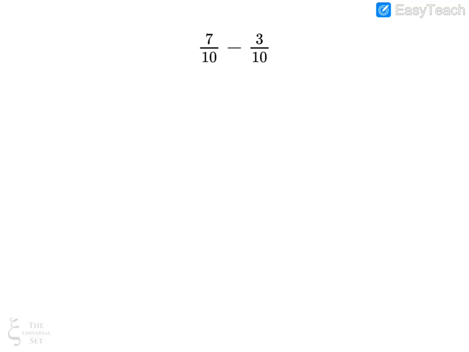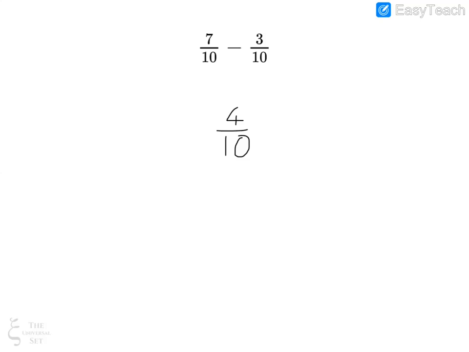This one here then, I've got 7/10. I want to take away from that 3/10. So I already know straight away my answer is going to be in tenths. So I've got 7 of them, I'm taking away 3 of them, I think that's going to leave me with 4 of them. And again, let's do that check. Do we have the simplest possible answer? Well, this time we don't, because 4 and 10, they're definitely both in a times table, aren't they?